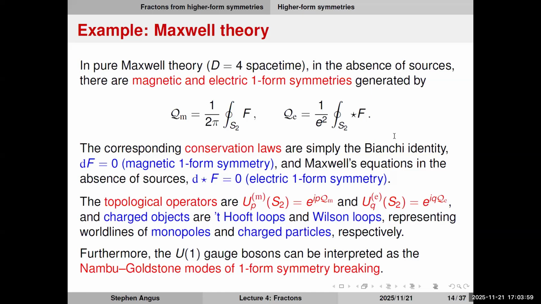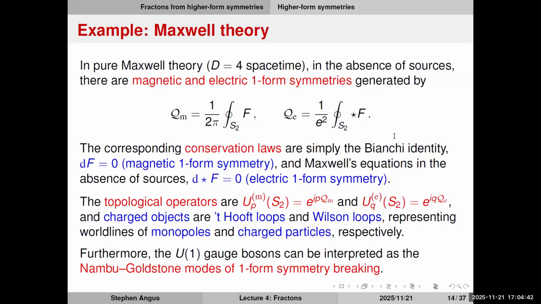The corresponding conservation laws are simply the Bianchi identity for the magnetic one-form symmetry, and Maxwell's equations in the absence of sources, d star F equals 0, for the electric one-form symmetry. If we have sources, we have a similar situation, but we are explicitly breaking at least some part of this electric one-form symmetry. The topological operators here are simply obtained by exponentiating these magnetic and electric one-form charges.